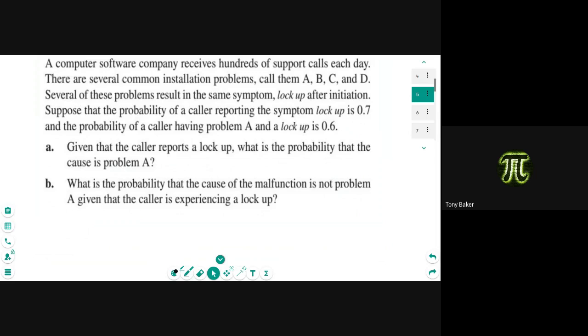So a computer software company receives hundreds of calls each day. Common installation modes, call them A, B, C, and D. Several of these problems result in the same symptom, a lockup after installation. So the computer crashes. Suppose that the probability of a caller reporting the symptom lockup is 70%, or 0.7, and the probability of a caller having problem A and a lockup is 0.6.